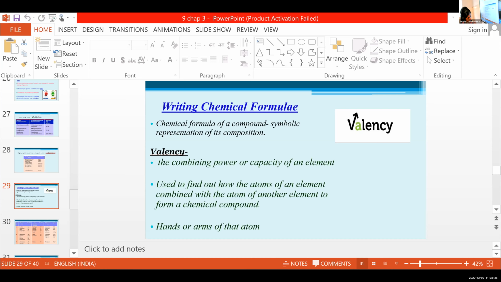We learned about symbols, then their atomic masses, etc. In the chemical formula, we are representing the symbols of elements that constitute that molecule. Symbolic representation means we are using the symbols of elements in the periodic table to write this chemical formula.